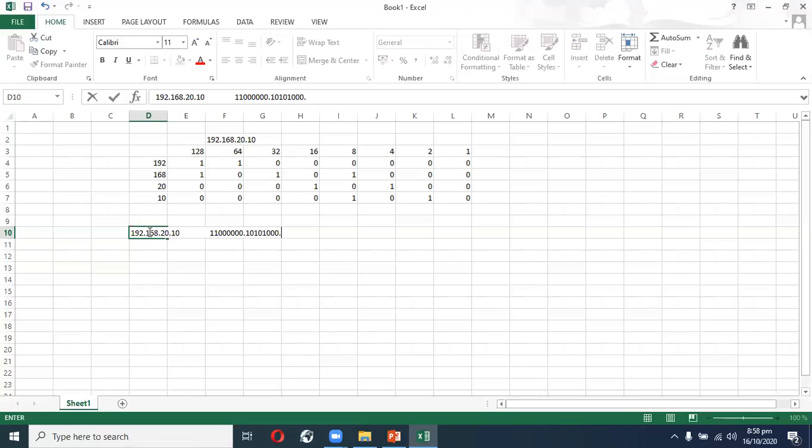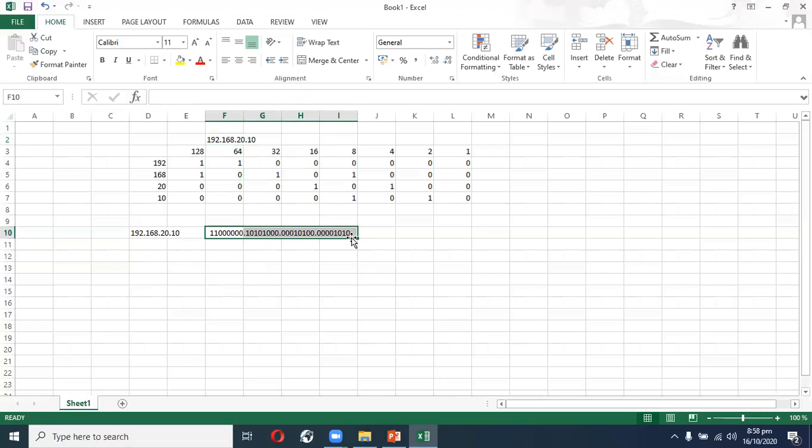Dot, 20 will be written as 00010100. Again dot, 10 will be written as 00001010. This is a very simple formula to convert an IP address into a binary form.